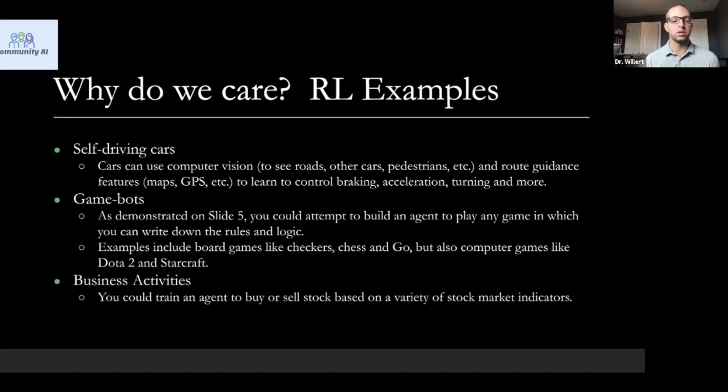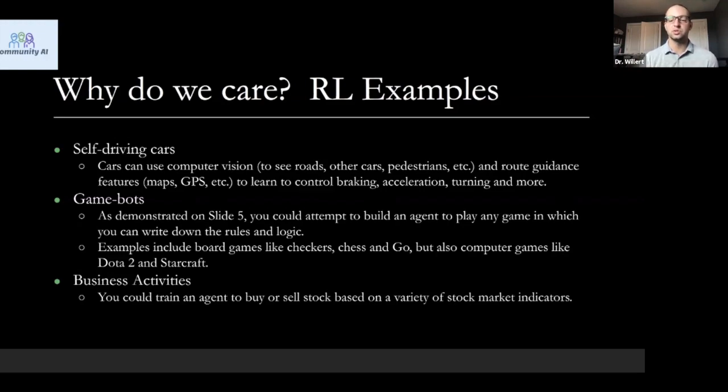Cars can use a similar technology to see aspects of its environment. It can see the roads, the lanes, other cars, pedestrians, road signs, for example, speed limits and stop signs, maybe stoplights.